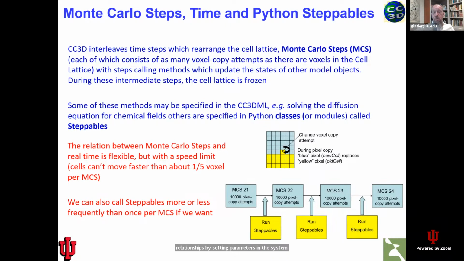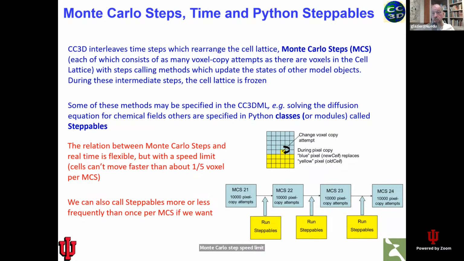If you try to push things too hard, the system breaks. And so when you're looking at a simulation, and you'll do this tomorrow, when you're applying explicit forces, if you push on a cell too much, either the cell won't move any faster or it'll break. And you always want to be in that linear region where increasing the force increases the speed linearly. And so just remember that 1/5 of a voxel per MonteCarlo step speed limit.